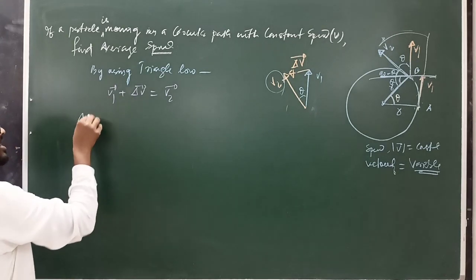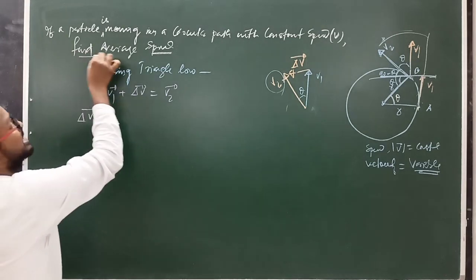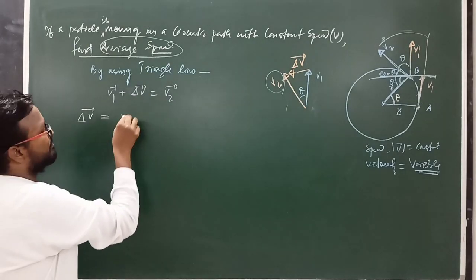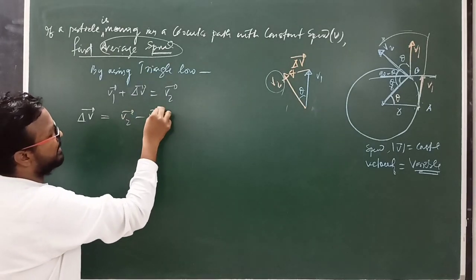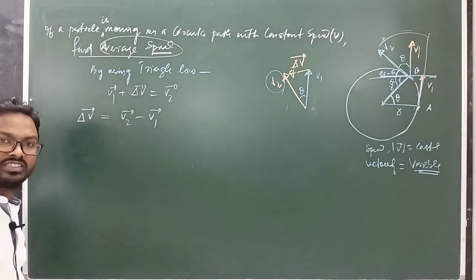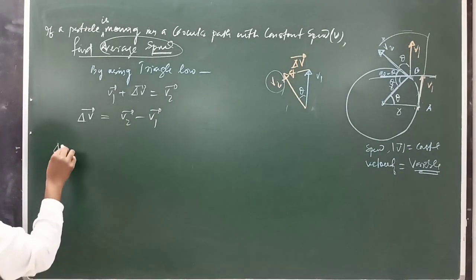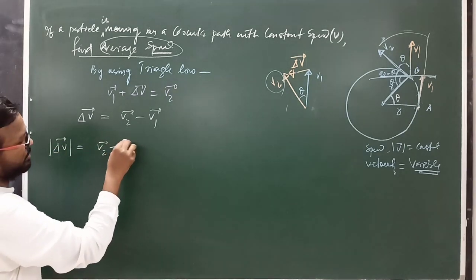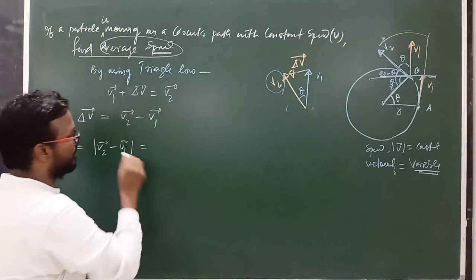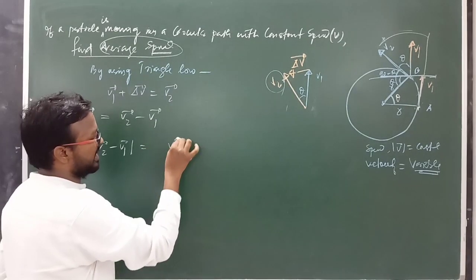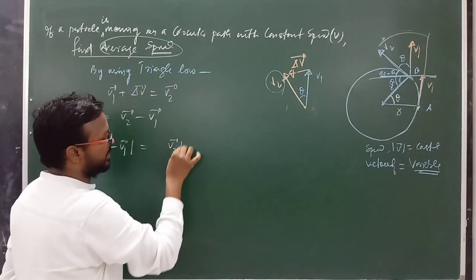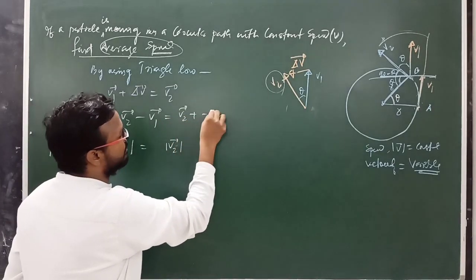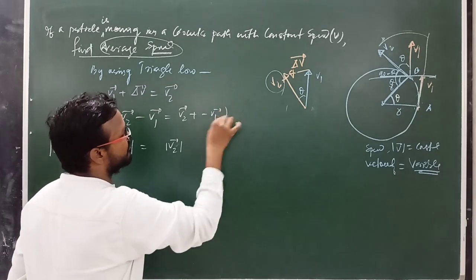So you can write here delta V, the change in velocity. So delta V equals V2 vector minus V1 vector, the negative vector concept. In this case, how can we find its magnitude? That is the magnitude of V2 vector minus V1 vector.